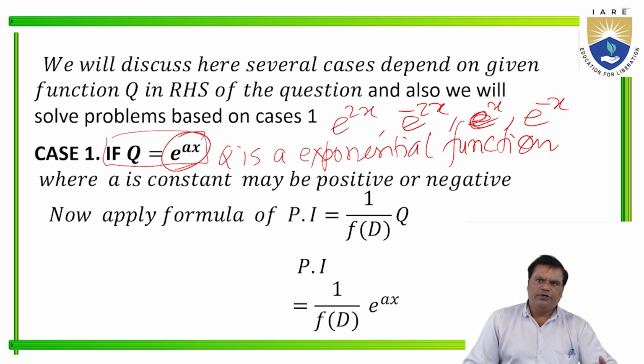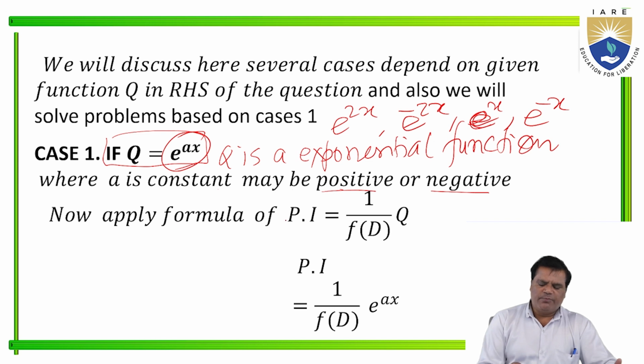Case 1: if Q is e to the power ax, then how can we find the particular integral? Here we will discuss the solution when Q is equal to e to the power ax, where a is a constant, may be positive or negative.